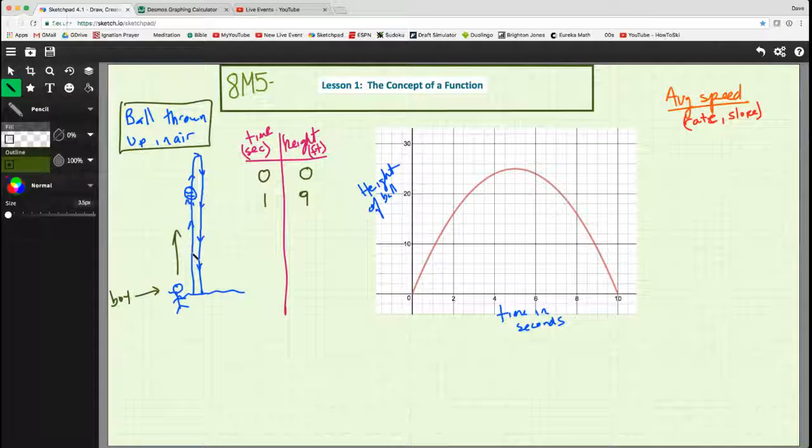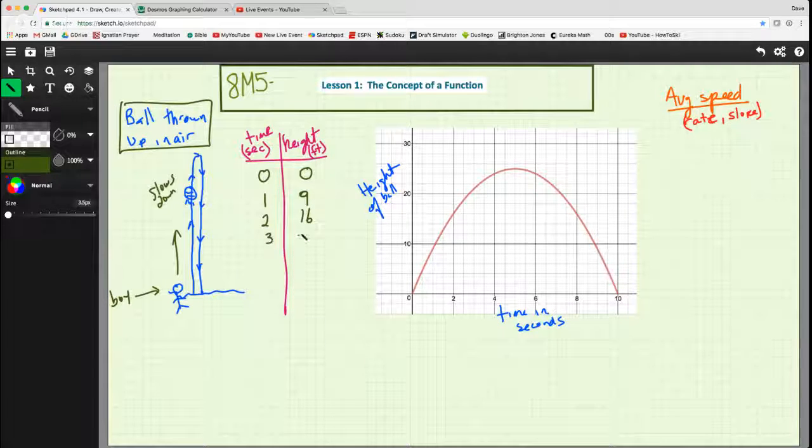And now think about what happens as the ball goes up in the air. It slows down a little bit, right? Because gravity starts pulling it back to Earth. So a ball doesn't keep going fast, fast, fast if you throw it in the air. It starts to slow down. So at 2 seconds, it's at, say, 16.